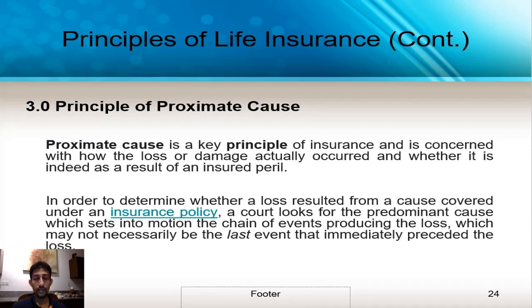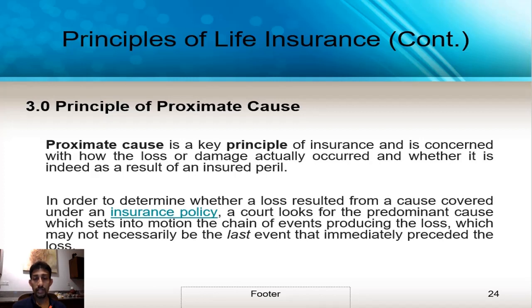So in life insurance, especially when there is a death, the death can be caused by many reasons. It can be a sequence of activities. So it's important to understand what is the proximate cause of the death and whether that proximate cause is covered or insured.